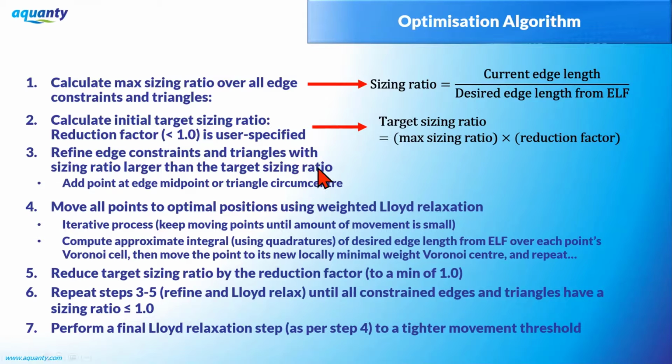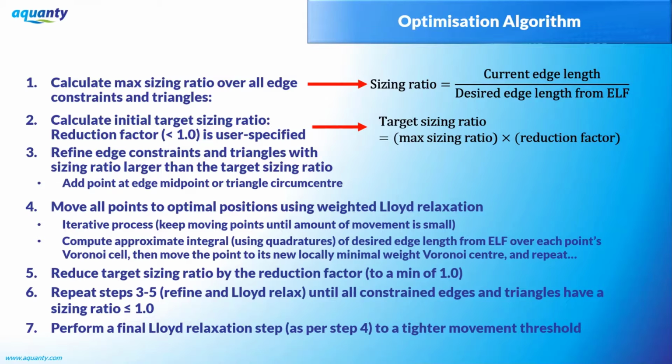Then, this relaxation, the Lloyd relaxation, is performed, which moves the points closer to the desired edge length as was defined in our ELF energy functional. Then we go back to reducing the target sizing ratio by a reduction factor and repeat the steps iteratively until all the constrained edges and triangles have a sizing ratio of less than or equal to 1, meaning that all of our triangles and edges would have edge lengths equal to or smaller than the chosen desired value in the edge length field.